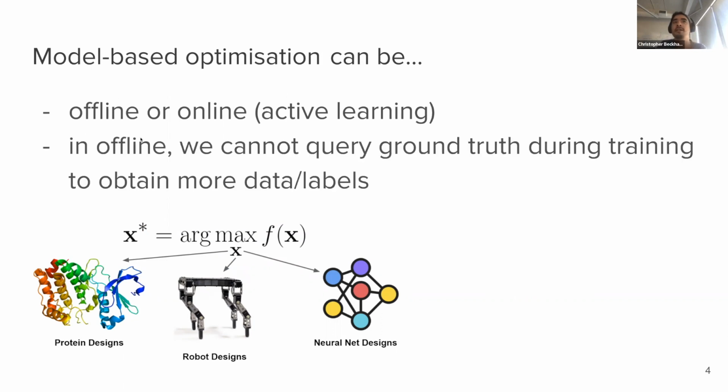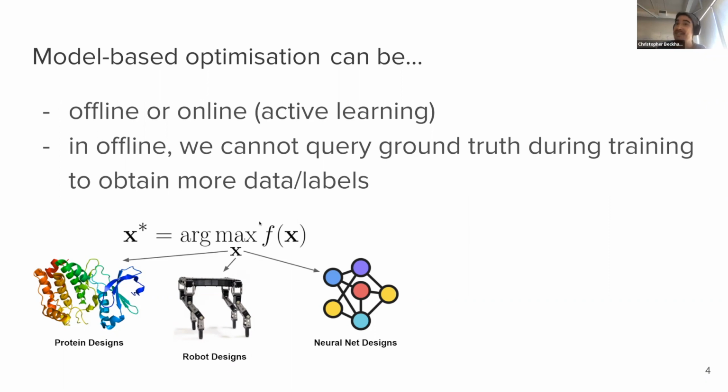In offline, we cannot query the ground truth during training. By querying the ground truth, we mean executing the real-world function. If we're talking about proteins and we design some new kind of protein, then executing f of x would be going to the lab, synthesizing the protein and sticking it in a test tube.